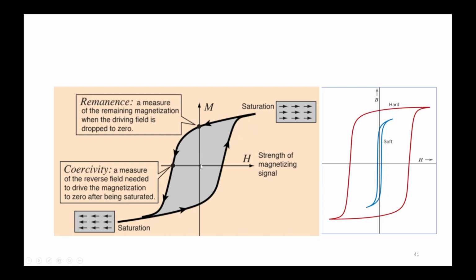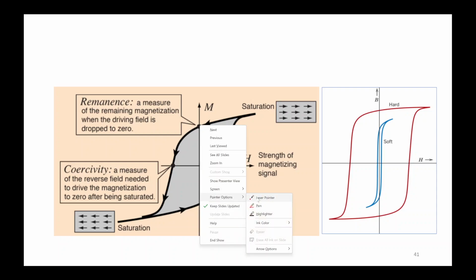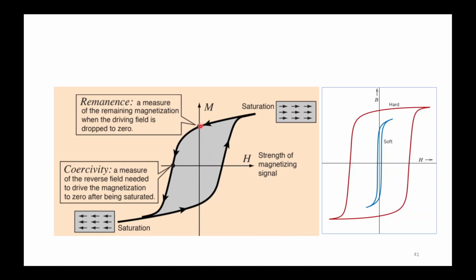Now this is your BH curve. When you start magnetizing your material, then you try to demagnetize, and this is what your curve looks like. This point on the y-axis is your remanence.